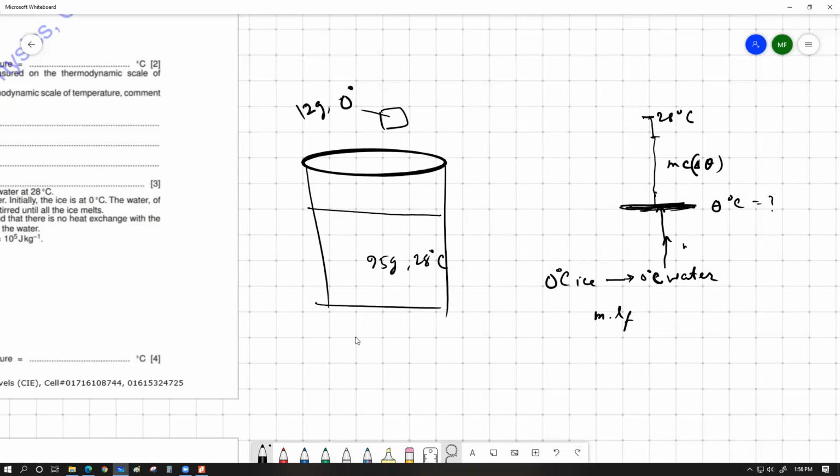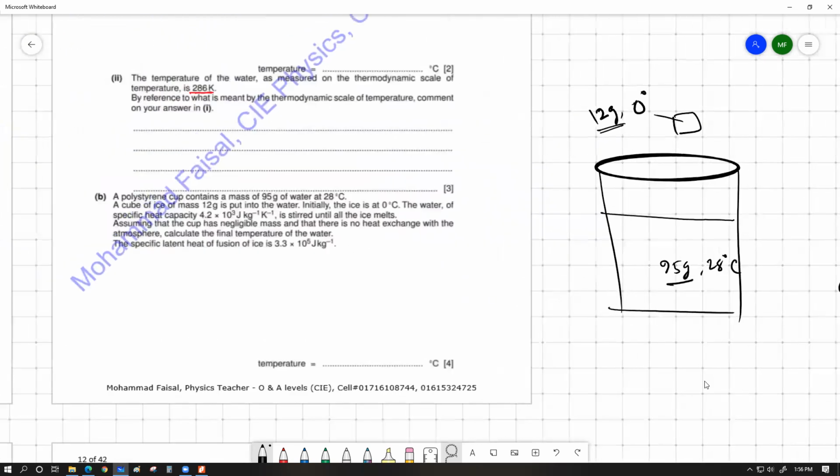And for this part, we're once again going to go for MC delta theta. But what you need to understand is that all of these MC here are not equal. This was for the polystyrene cup mass, which is 95 gram, and this lower part is for the ice mass, which is 12 gram. So let's try and solve this math with all the numbers that we have available.